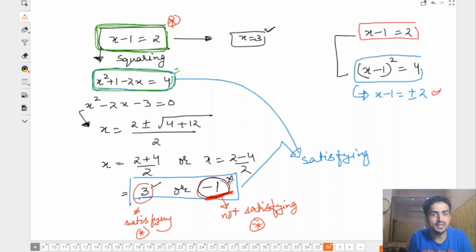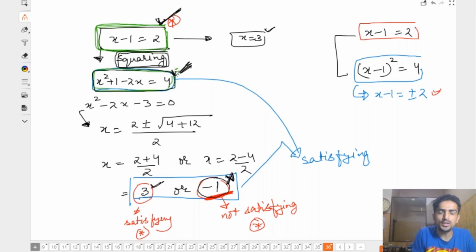By saying extra, I mean this is not the solution of the actual equation. Certainly these two are the solutions of this equation. Nothing wrong in that. But do we require the solution of this or this? We require the solution of this. We don't require the solution of this. So that is why I'm calling it extra. I got this solution because of this squaring, because this squaring changed my equation a bit. Here I showed you how it changed it a bit.